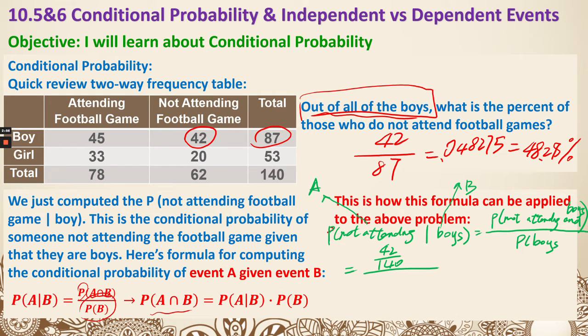On the bottom, the probability of just boys, that is going to be the 87 out of 140. Now we have learned before, if you have a fraction on the top and the bottom that share the same denominator, we're just going to multiply to get rid of it. So the 140 is gone. We're just left with 42 over 87, which is actually the same as the previous one. But just now, we're using the conditional formula to calculate that.